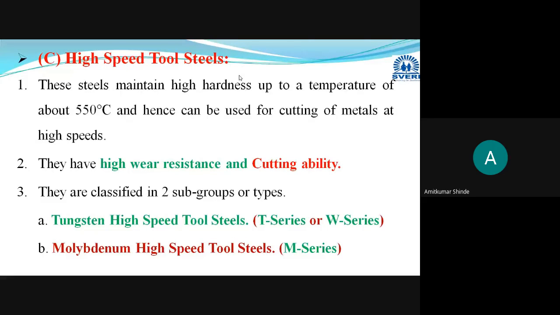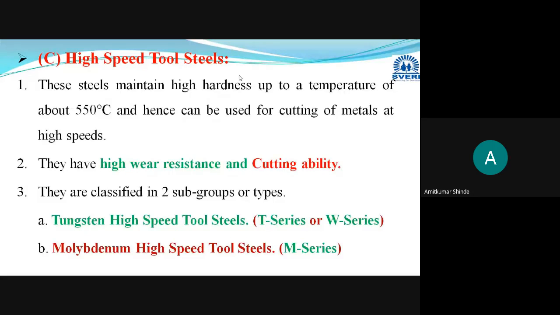Now these steels are classified depending on the principal alloying element. Again, in the same way as we have classified hot work tool steel depending on the principal alloying element, these steels, that is high speed tool steels, are classified in two types, that is tungsten high speed tool steel and molybdenum high speed tool steels.